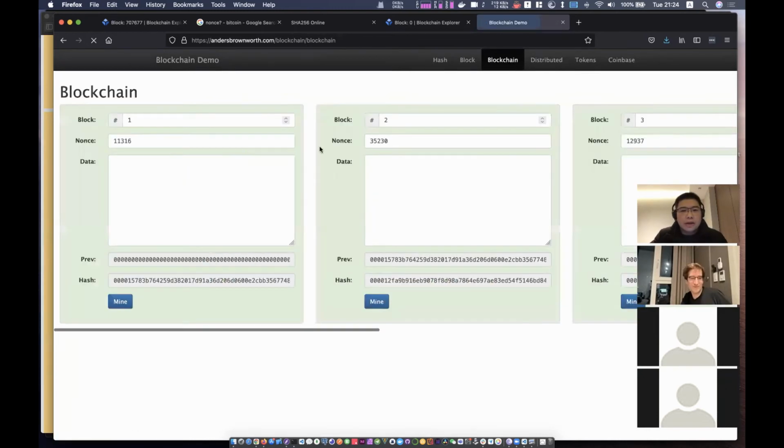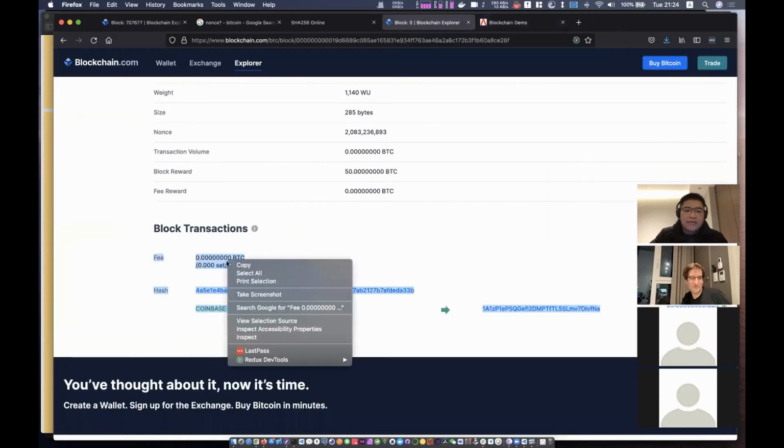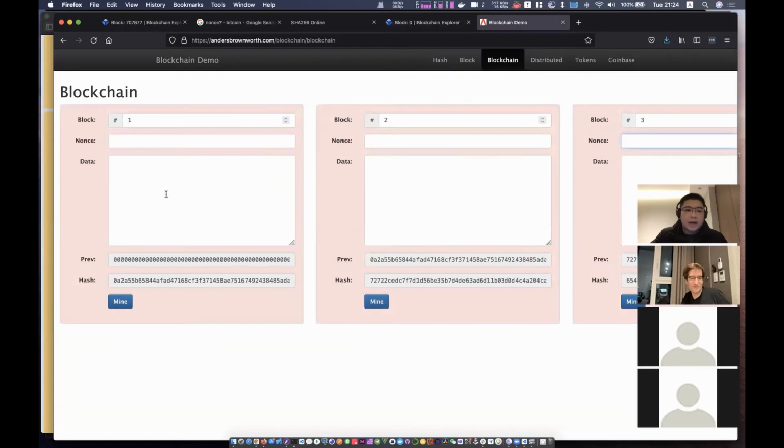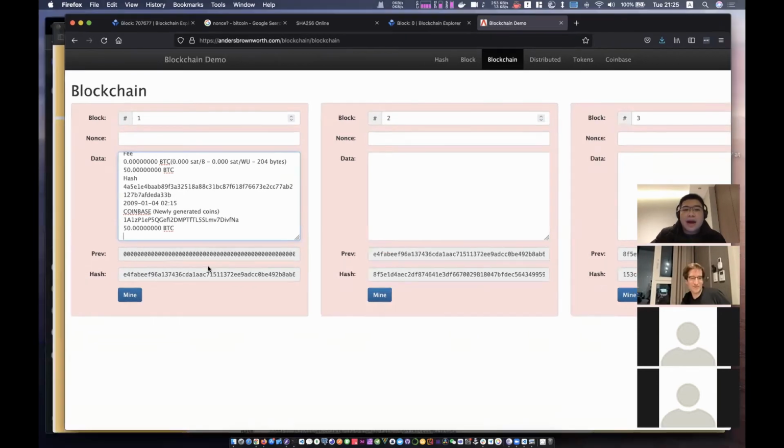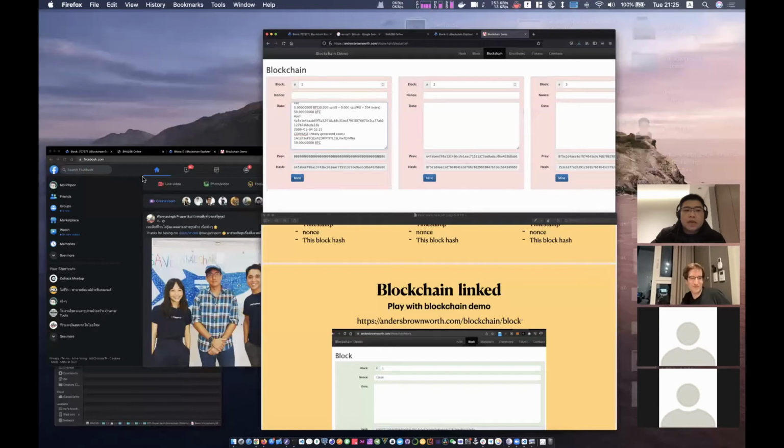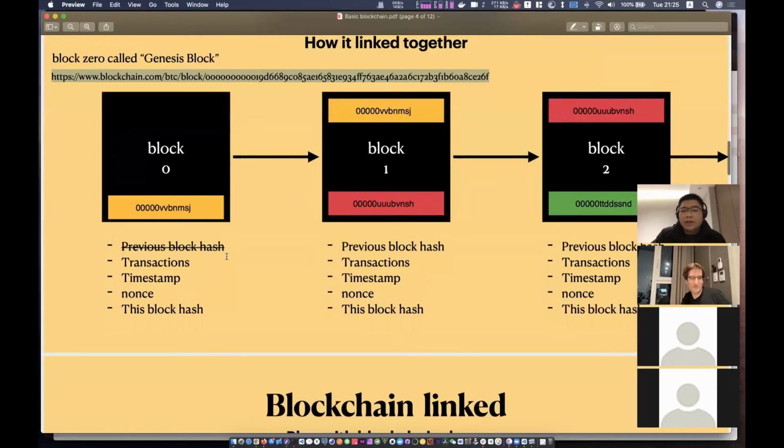And next, this one is an example simulation of the chain. Again, I copy the transaction and timestamp and mine. Because this is the first block in the chain, as I said, the first block always has no previous block hash.